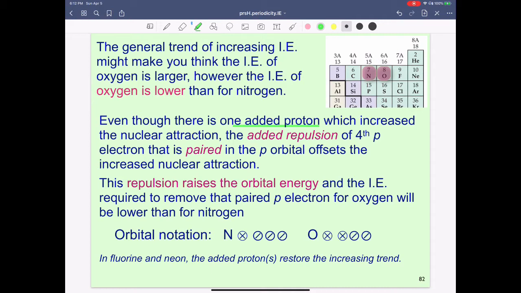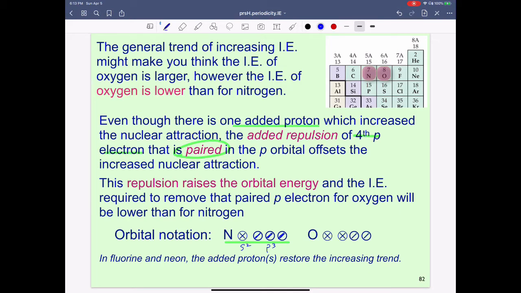what's going on is the fourth p electron in oxygen is paired in the p orbital. Let's go look down below at the orbital notation, which you should have learned how to do earlier. The orbital notation for nitrogen is such that the 2s2 2p3 electrons are in the second energy level, and the p electrons are in 3 separate orbitals.